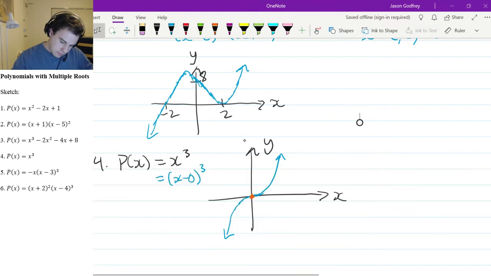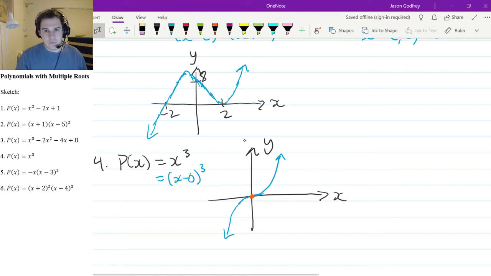Notice this doesn't just decrease and then cut through something like that, right? It has this little swervy bendy shape, where here it's increasing and then it curls around and then it keeps increasing like that, right?